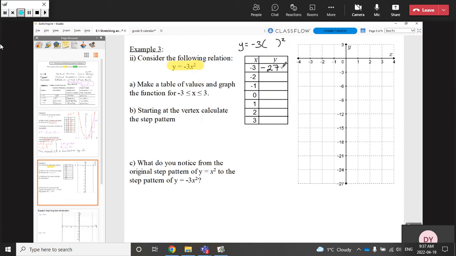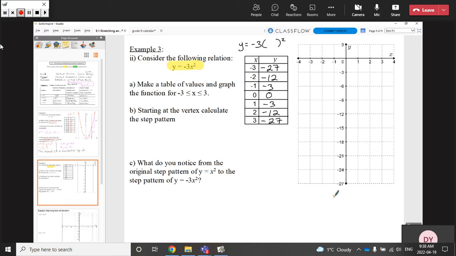We go back, get rid of the negative 3, put in negative 2, negative 12, type in a negative 1, and then 0 should be 0, and then positive 1, positive 2, positive 3.